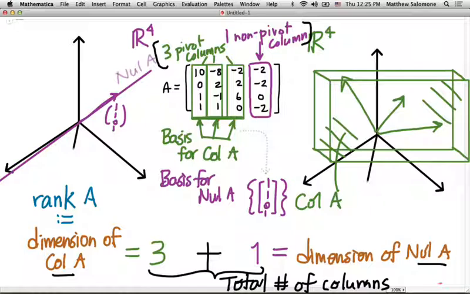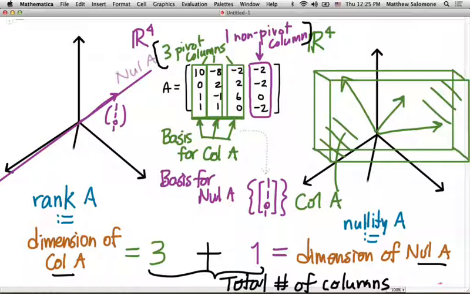And likewise, the dimension of the null space of a matrix is called its nullity. By definition. So rank is dimension of column space, nullity is dimension of null space.